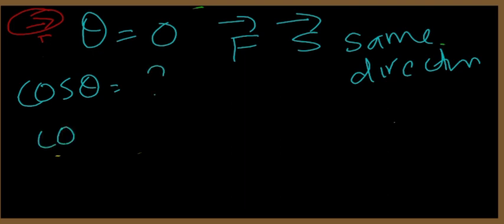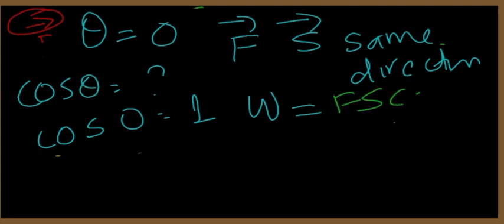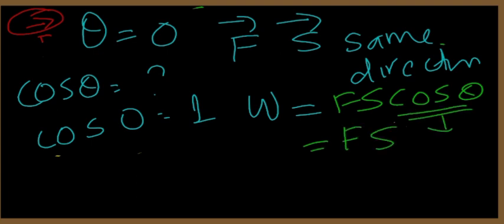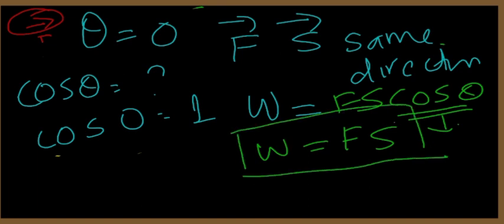Cos theta becomes cos 0, that is 1. Right? So by that equation we can write W is equal to Fs cos theta. Since cos theta is equal to 1 over here, we can write W is equal to Fs.